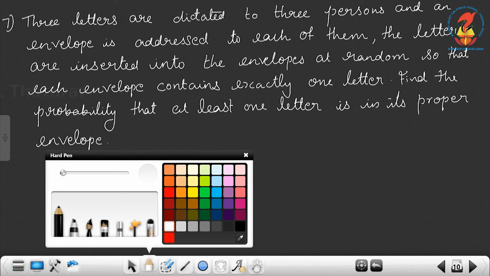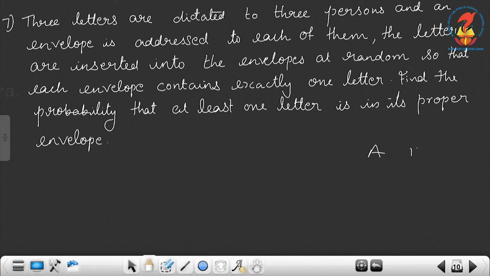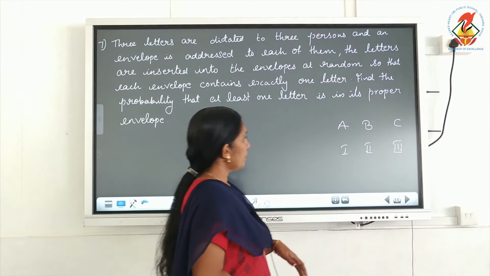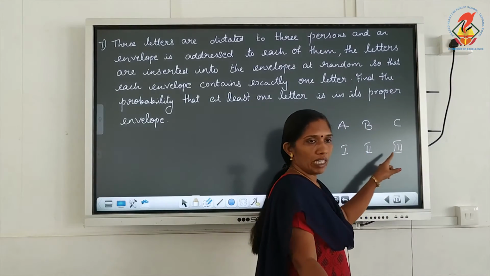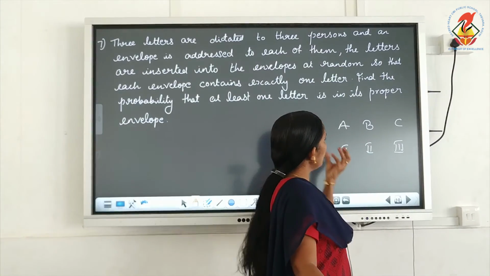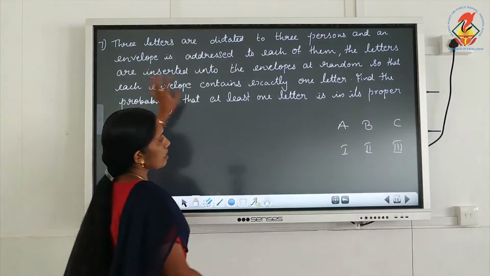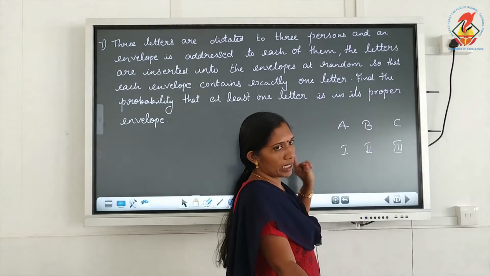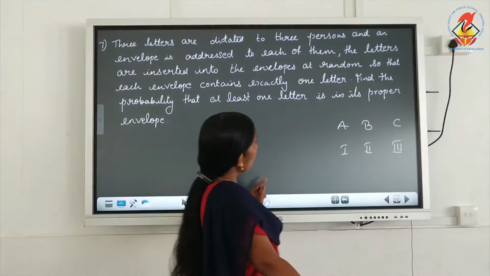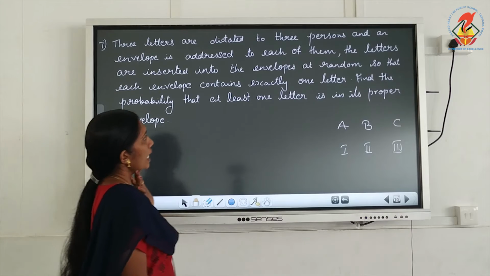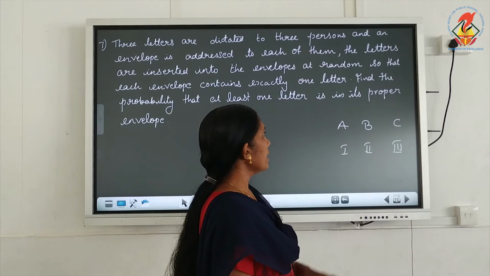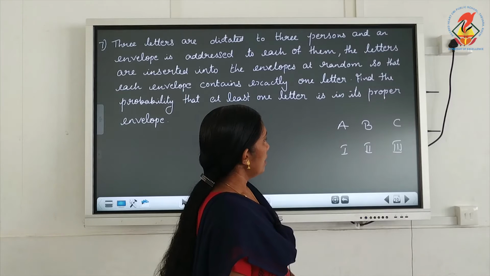Suppose A, B, C are the 3 persons, and 3 letters: first letter, second letter and third letter. So 3 letters and 3 envelopes. We have to insert letters so that one envelope has one letter. In that way you have to arrange. The question is, find the probability that at least one letter is in its proper envelope.